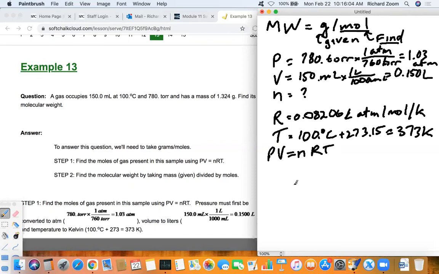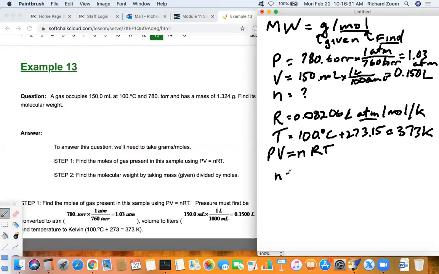Professor? Yes, Sarah. I understand volume and temperature, why it was converted, but even though it's at 780, we didn't have to leave it? No, because if you look at what R is, liters atmospheres per mole per Kelvin, we need to convert that pressure that's in torr into atmospheres.